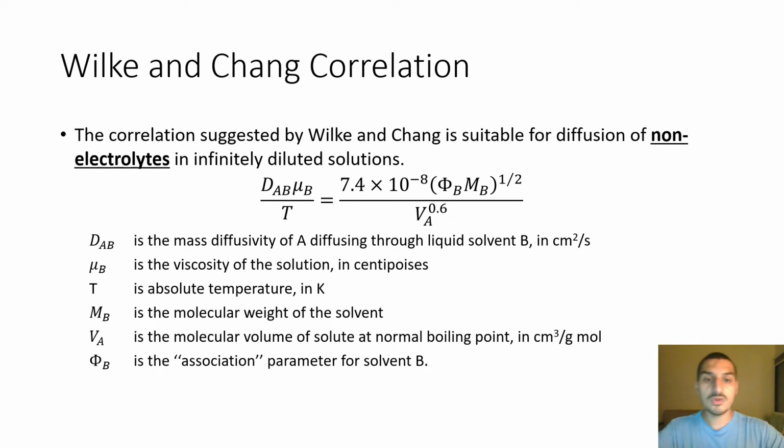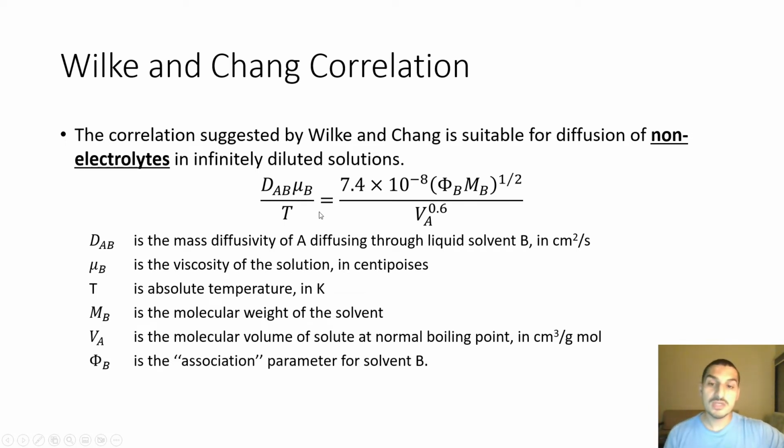If the molecules are associated, it means that they kind of agglomerate, so they act like bigger molecules, and that's why we have phi b here. And M is the molecular weight of the solvent. So these two are related to the solvent, and Va is the molecular volume of the solute at its normal boiling point.